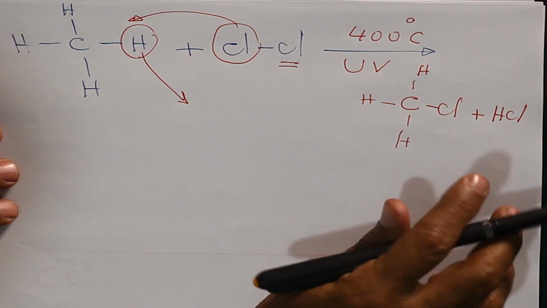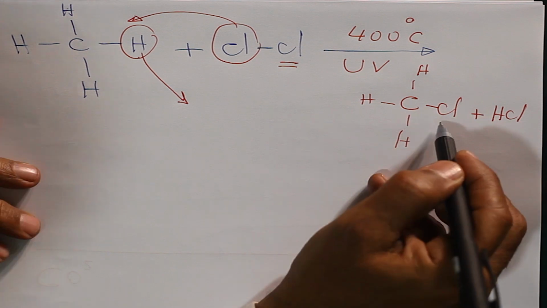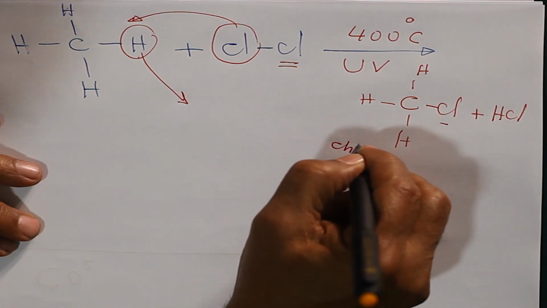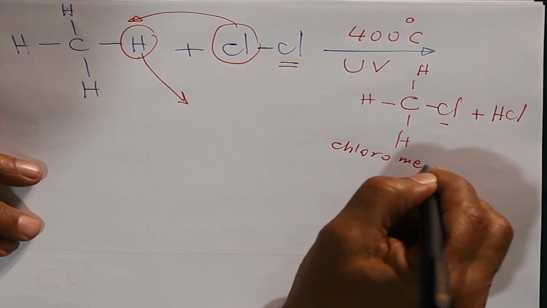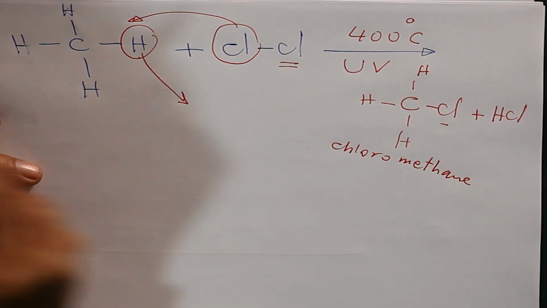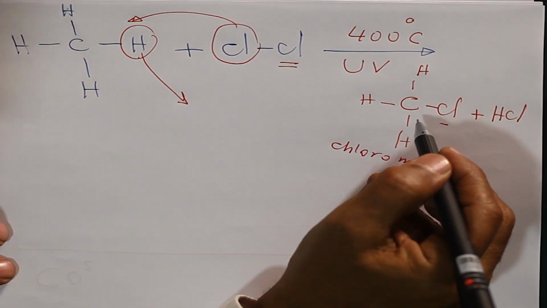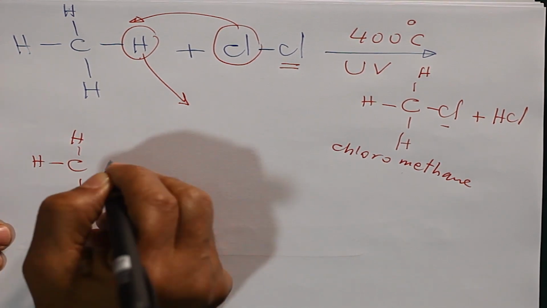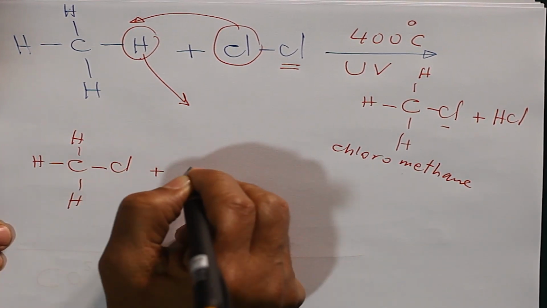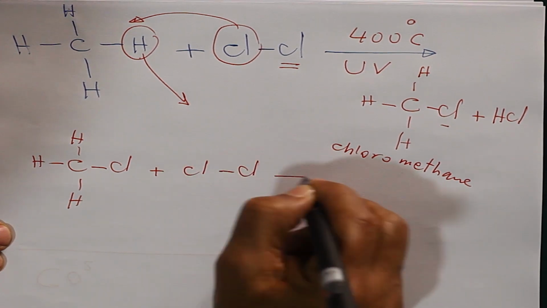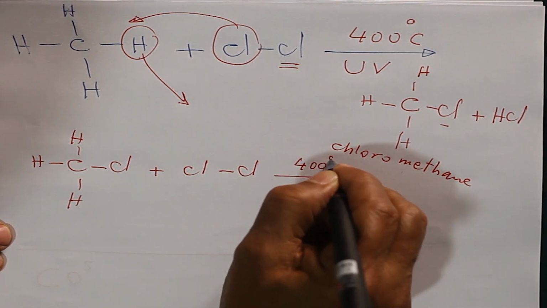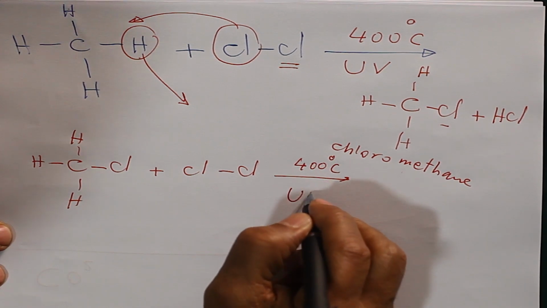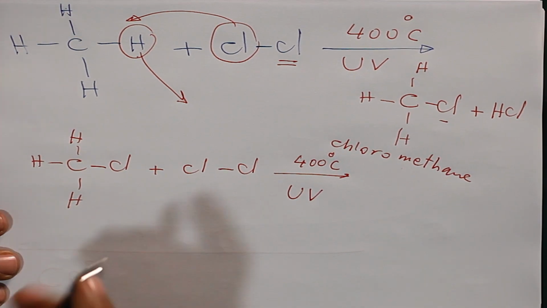Write the name for this compound. Methane has one chlorine: chloromethane. Again, the reaction will continue: CH3Cl with Cl-Cl, meaning Cl2, at 400 degrees or UV, ultraviolet rays. What happens?